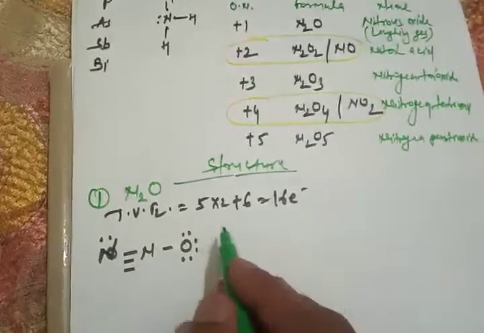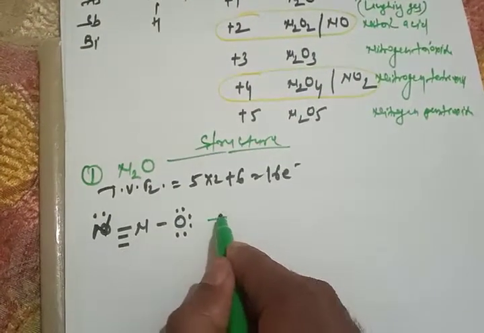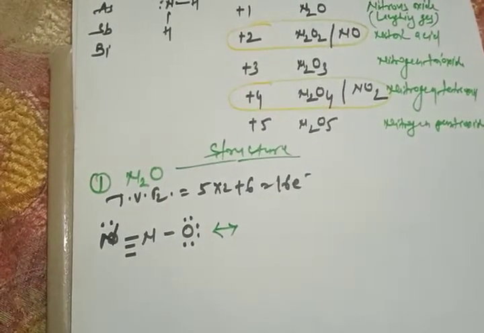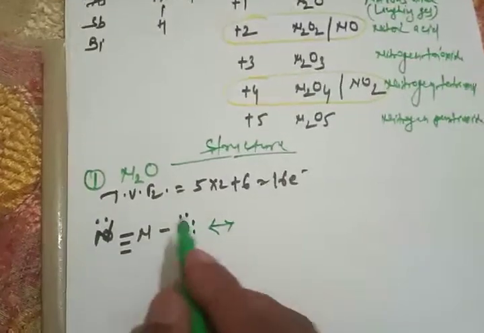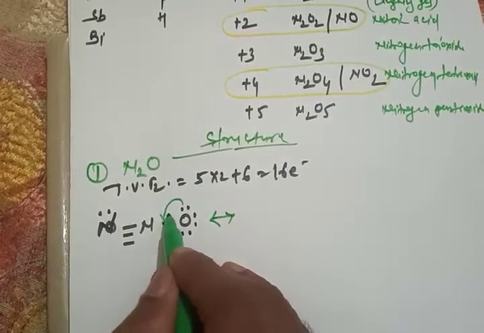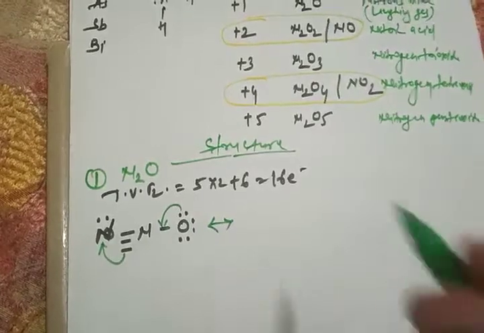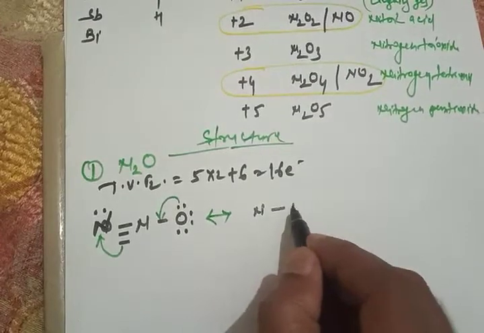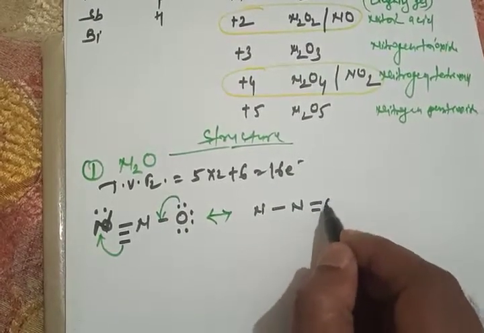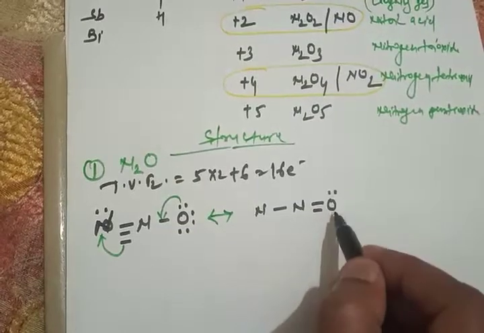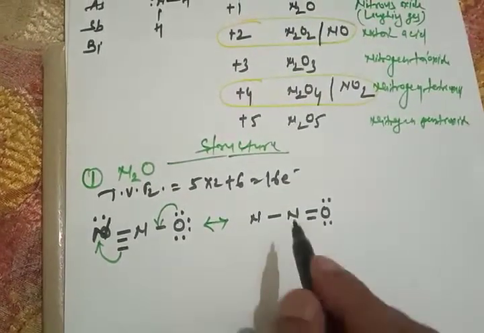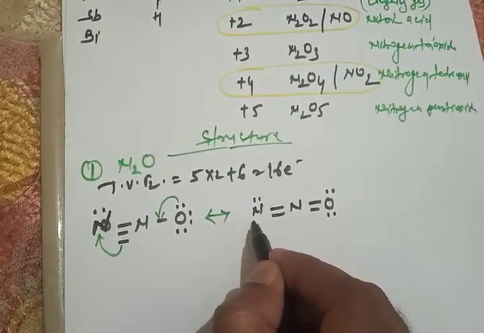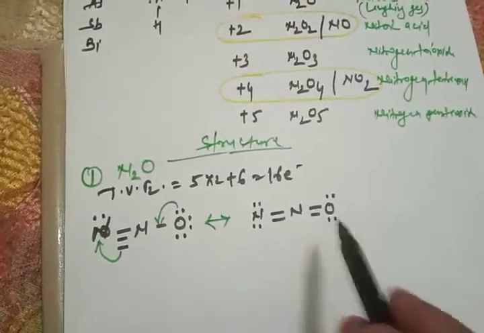Then we go for the second structure. This lone pair will shift here and this will go here. So now nitrogen, nitrogen, and the oxygen with a double bond. In this case we have 2 lone pairs, and here we have a double bond, and in this case we have 2 lone pairs. So all the octets are again completed.